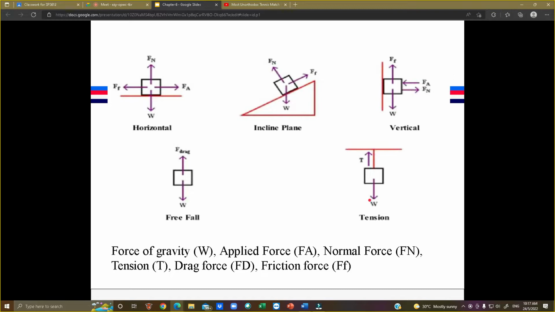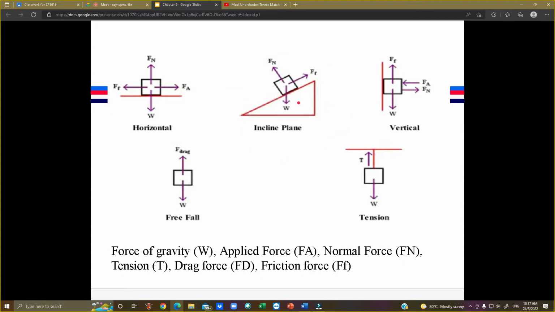Other than that, kalau ke atas kamu kena tengok, selalunya dia adalah normal force. Normal force means the force being subjected by the weight of the object, selalunya berat benda ni, Fn. W is weight, it tries to show you this berat with gravity. Lain pada tu, force applied. Tengok dia bergerak ke mana force applied. So lawan dia will be friction.